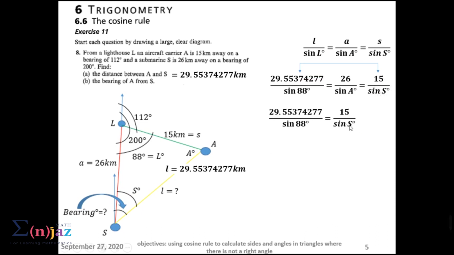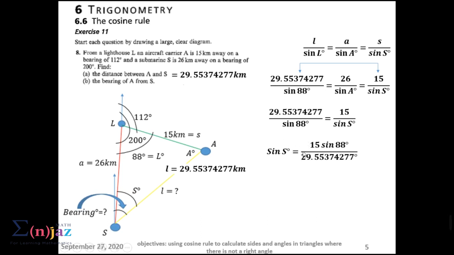And now we're going to solve for S. At first, we're going to cross multiply. So 15 times sine of 88 is equal to 29.6 times sine of S. Or we can say immediately sine of S is equal to a fraction, because this is my unknown.